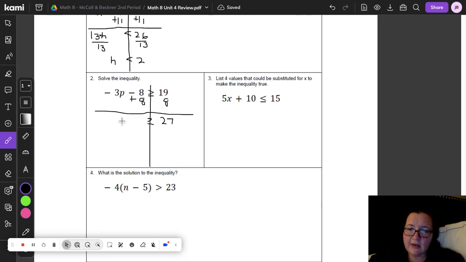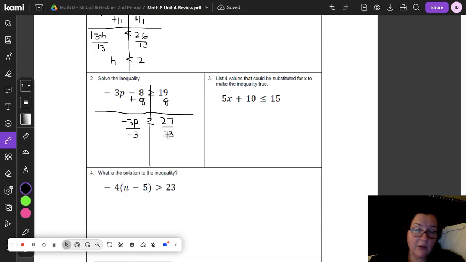And we still have negative 3p. Okie doke. Our next step, we got to get that p alone. Right now it's negative 3 times p. So in order to get rid of it, we need to divide by negative 3.